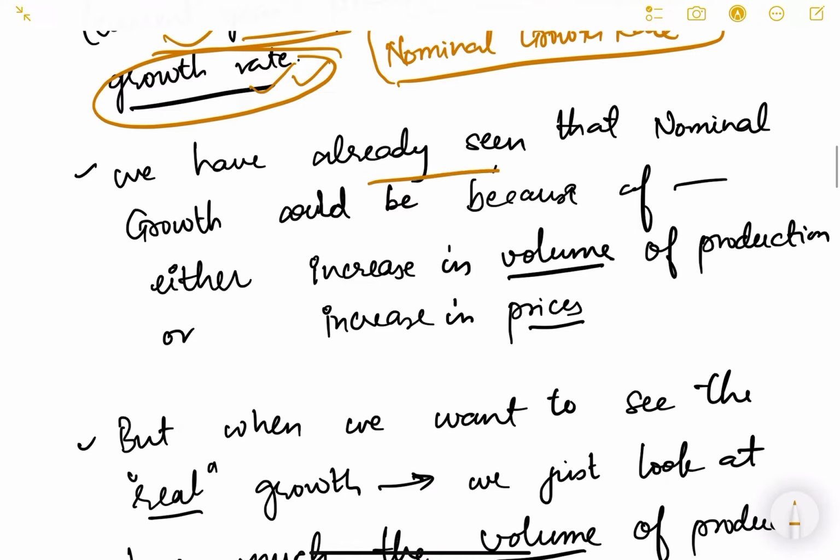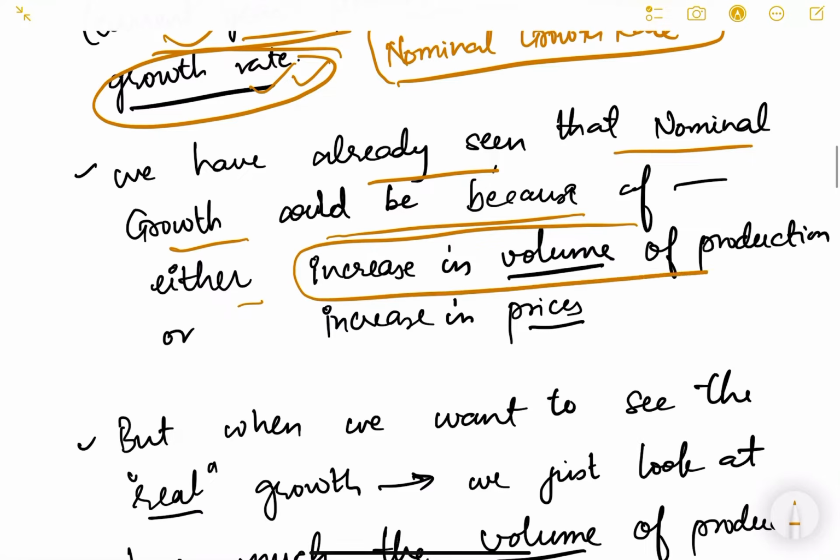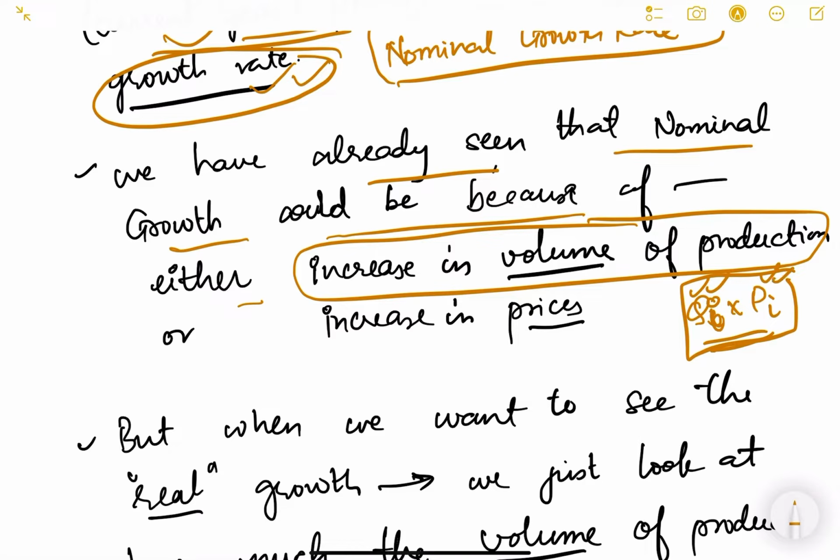We have already seen that nominal growth could be because of either increase in volume of production or increase in prices. Okay, there are two factors.